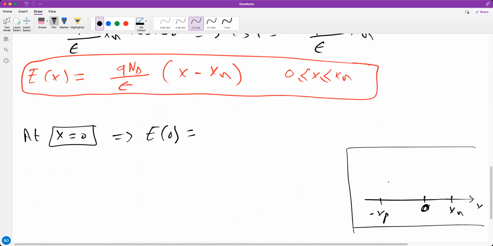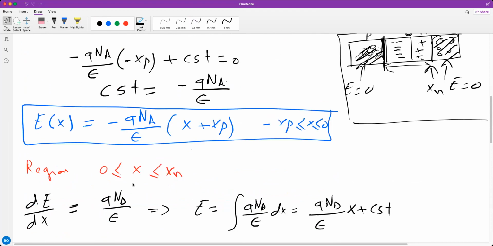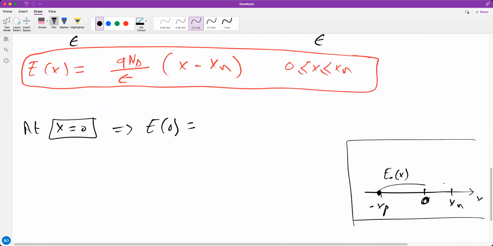I have the electric field that starts from here, given by, let's say I will call it E negative x, the blue one. And there is also another expression that goes from here, which is a positive one, the red one. They must be equal. Do you agree? The electric field is a continuous function. This must be equal at the interface.